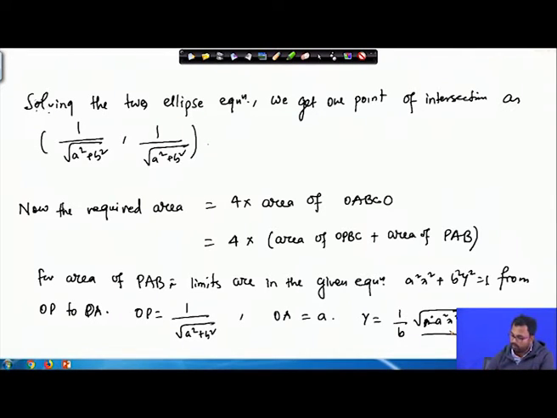So, now that we have y and we have our limits, we can calculate the area of the region PAB.